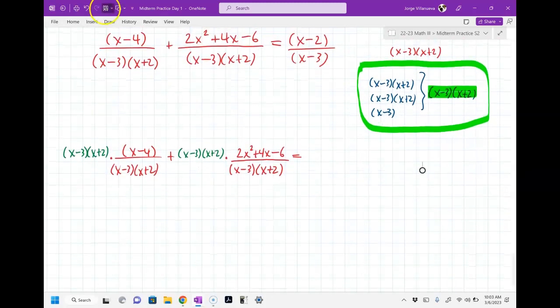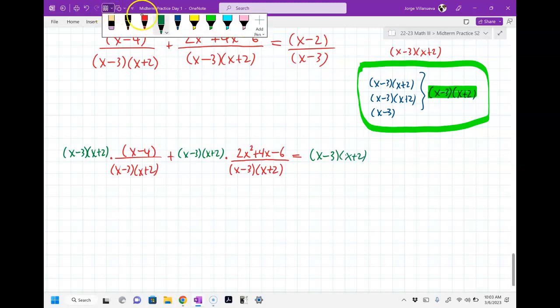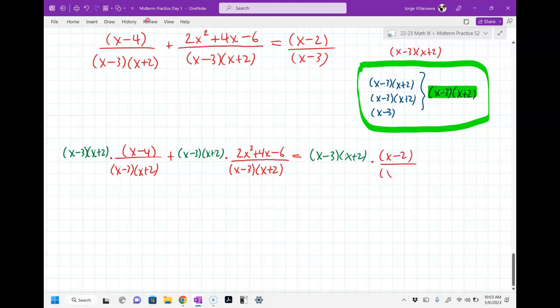All right, and then x minus 3, x plus 2 times x minus 2, x minus 3. I wrote them small because sometimes if you write it normal size, it carries over all the way. So just trying to hopefully plan for not having to do that.